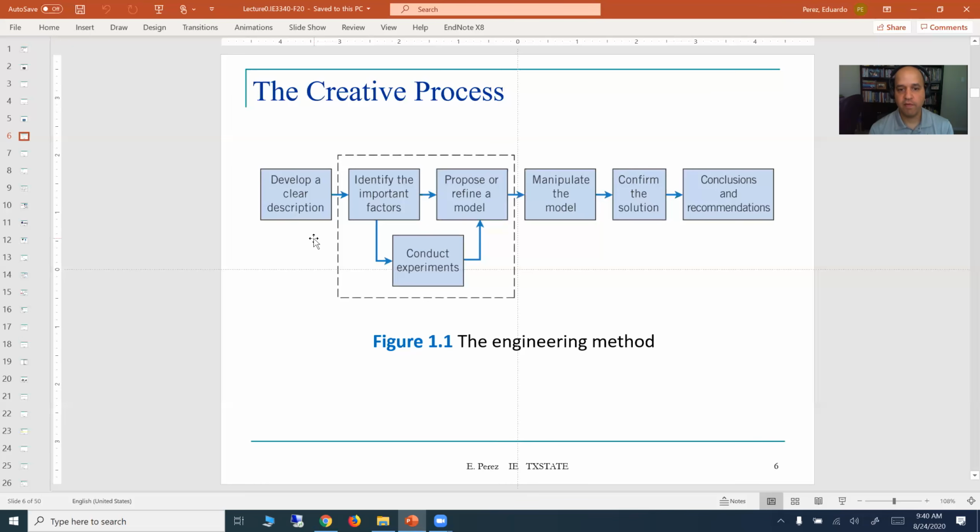And then using that information, we can propose or define a model. In this course in particular, we are going to be defining what we call optimization models. These are math models that are used to define problem constraints. And once you have those constraints, then you can identify a performance measure that you want to improve within the bounds of those constraints.